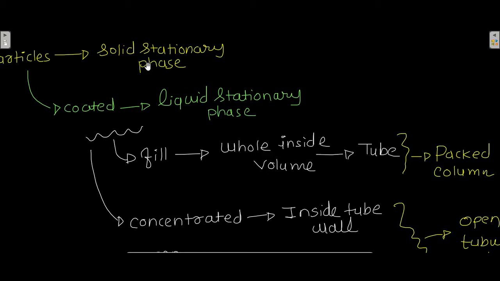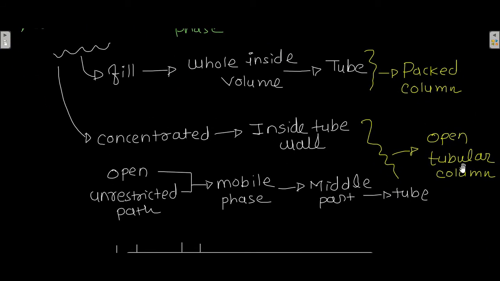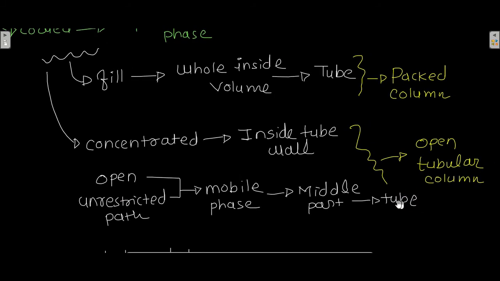In an open tubular column, the stationary phase is concentrated on the inside tube wall, so that there is an open and unrestricted path for the mobile phase at the middle part of the tube. That is how column chromatography is done, via packed column or open tubular column chromatography.